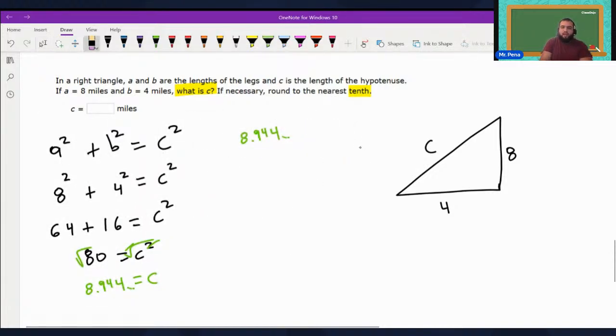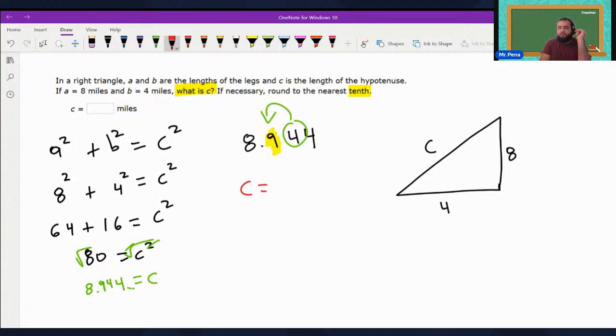So we take that number, what was it? 8.944. And we want to round it to the nearest 10th place. So we're rounding the 9. We circle the 4. What does the 4 do to the 9?